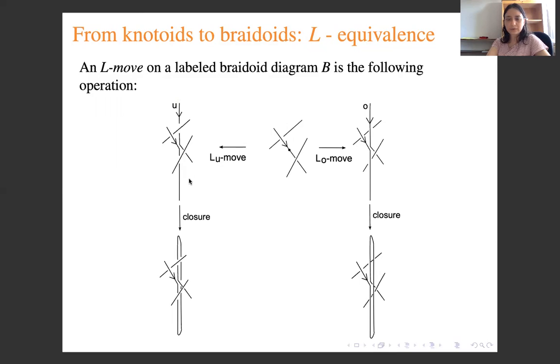So the L under move applies this cut operation and pulls the resulting ends under everything, and the L over move just pulls everything over the rest of the diagram, so that the resulting braidoid diagrams are labeled with U and O accordingly to the type of the L move that we are applying. So an L move adds a labeled braidoid strand to our existing diagram, or it deletes braidoid strands if we define the inverse operation here.